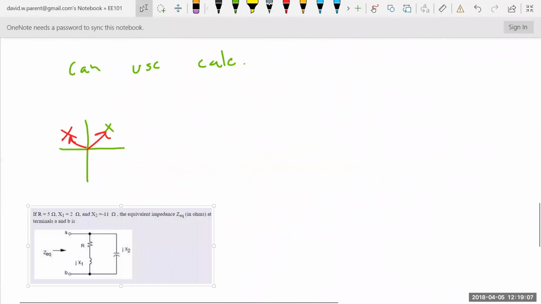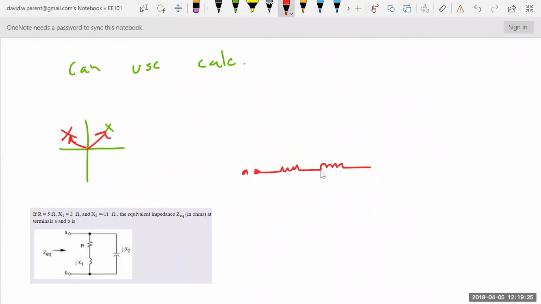So, if we look at this, we want to find the equivalent impedance, all right? And yeah, I could just put A here and say we have a resistor in series with an inductor and then a capacitor in parallel.